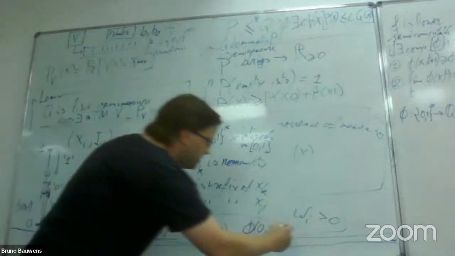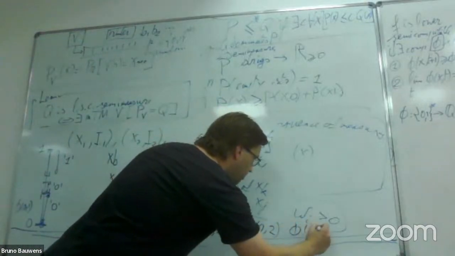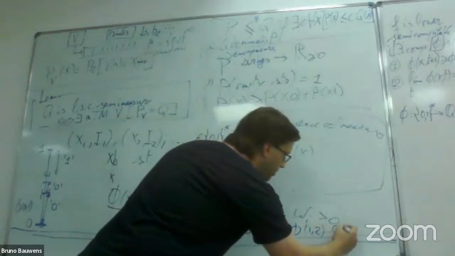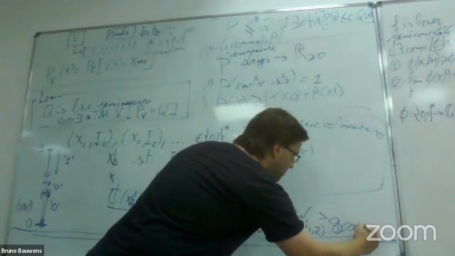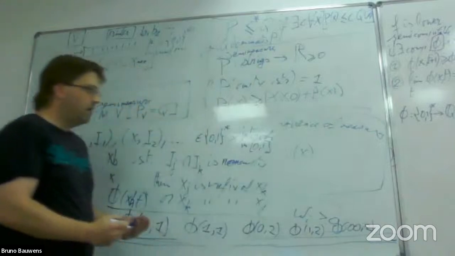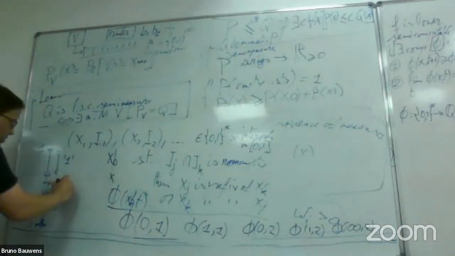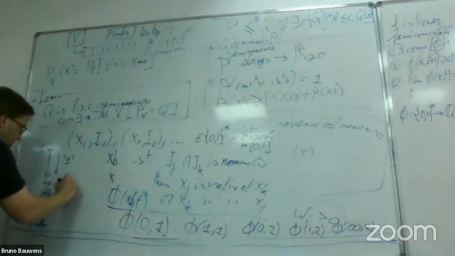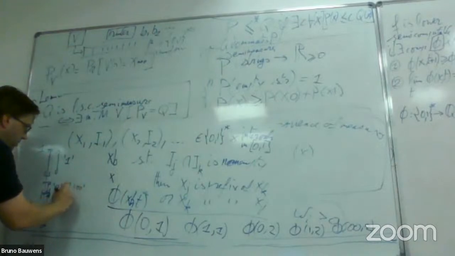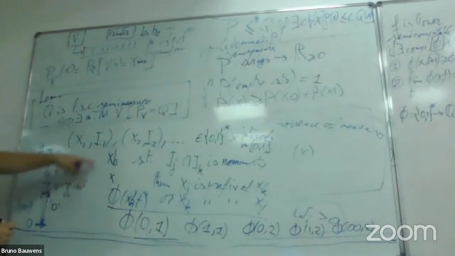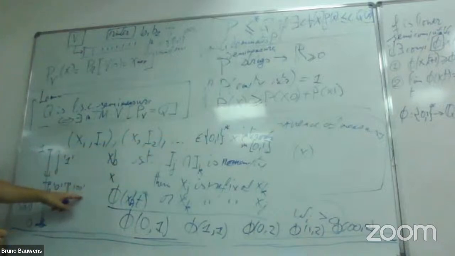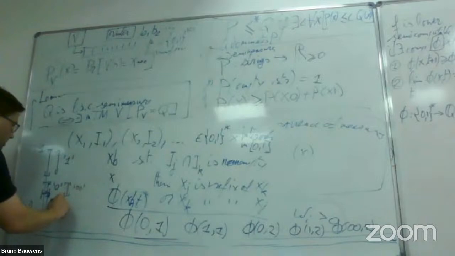Maybe phi 1, 2 remains the same. Then we go to the next string, phi 0, 0, 2, and we assign inside the two intervals. For example, the same interval might be labeled by 0, 0. Then we enumerate the third one, which will be this thing. And maybe we need a bit more.